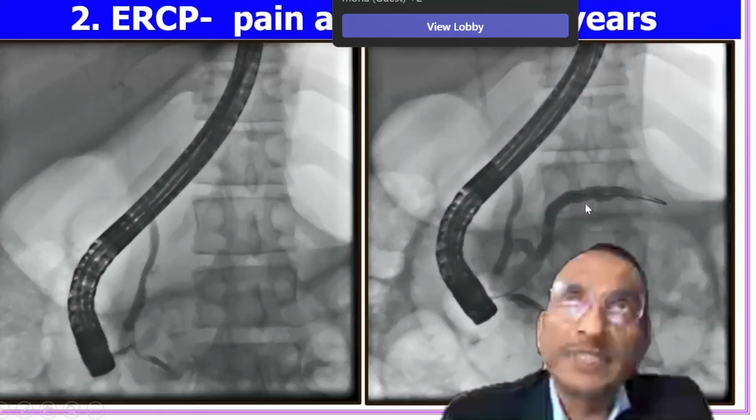So in this patient, obviously, what you do with the stricture, you always dilate the stricture and put a stent. And most of the time 10 French is taken as the pancreatic stent.